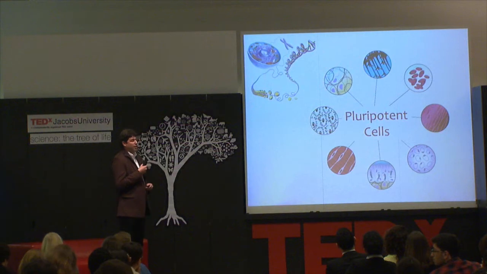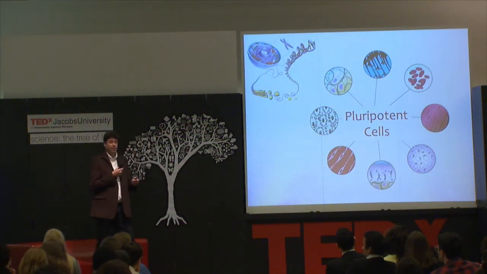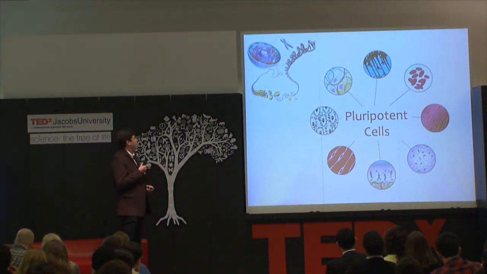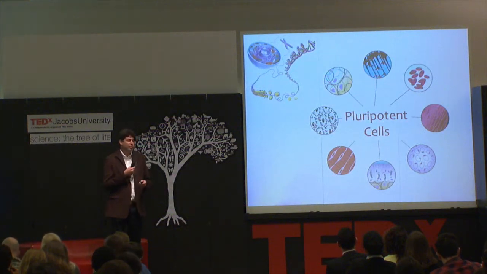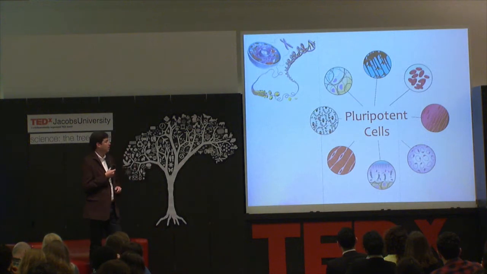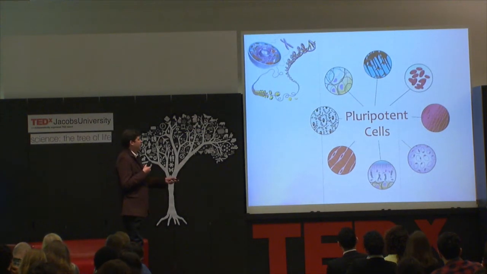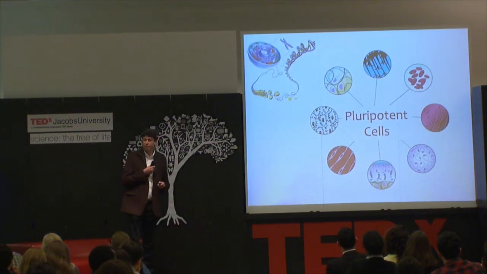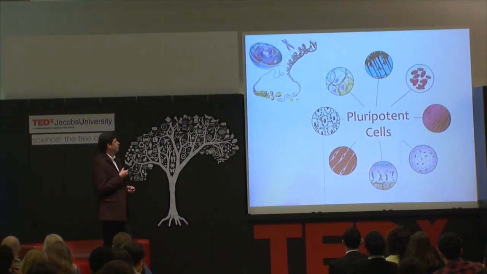I think a nice way to illustrate that is that all of the cells of our body contain the same information, but the expression pattern of the genes is what determines the different cell types. For example, the gene that encodes for insulin is present in all of our cells, but it's expressed only in pancreatic beta cells. So pluripotent cells stand at the base of this process, and then the different gene expression patterns determine the differentiation process.